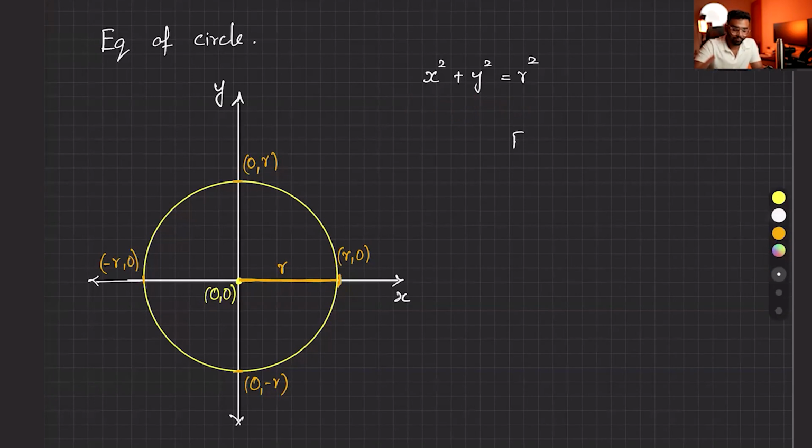For example, you can have something like x squared plus y squared equals 25. You see that? Which simply means 25 is r squared. So we can say r squared equals 25 and therefore the value of r is plus minus 5, or you know what, just 5.